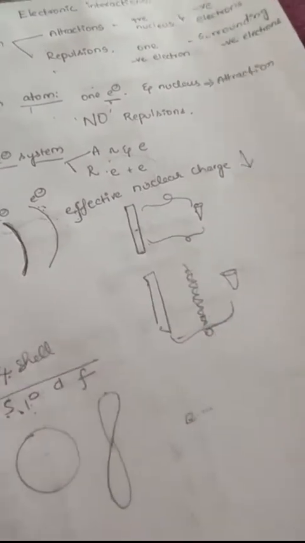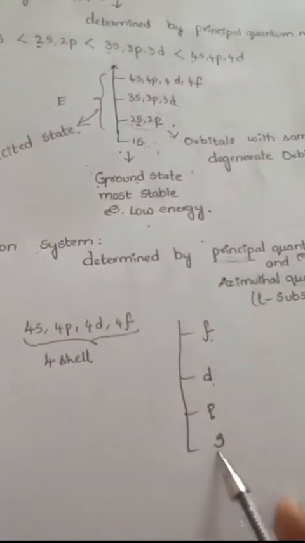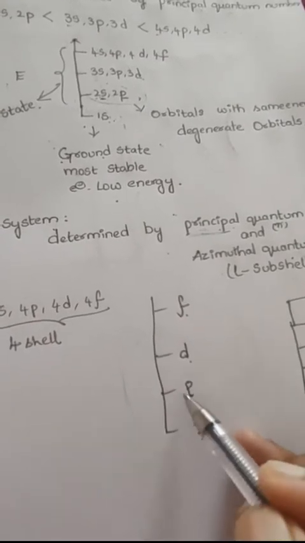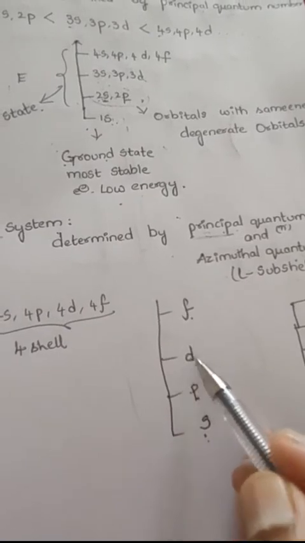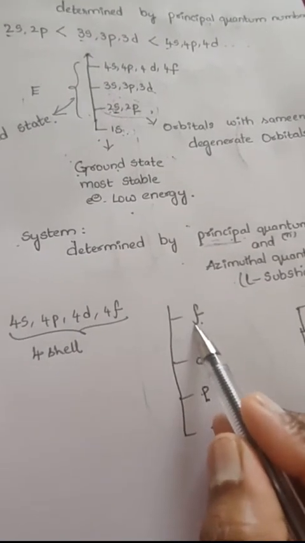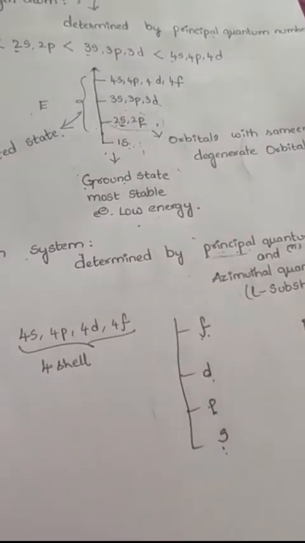Due to this, s orbital will have lower energy when compared to p orbital. P orbital will have lower energy than d orbital. D orbital will have lower energy than f orbital.